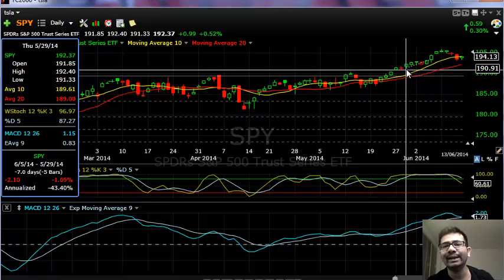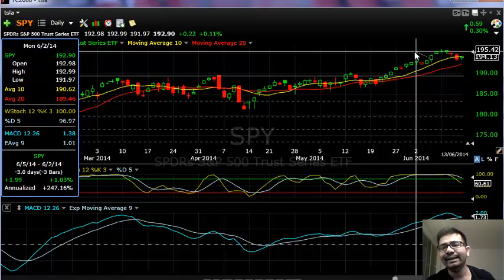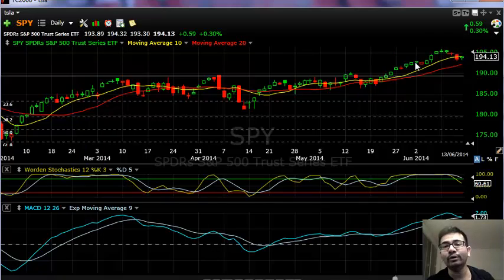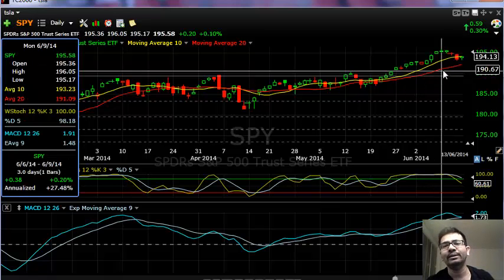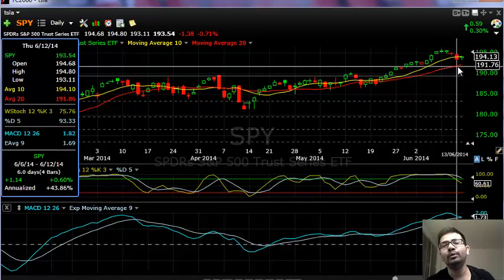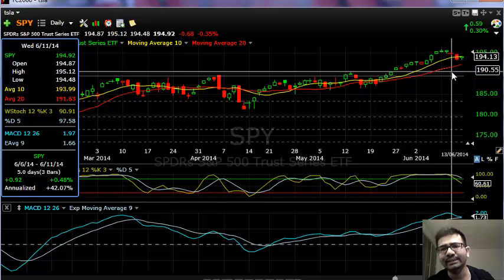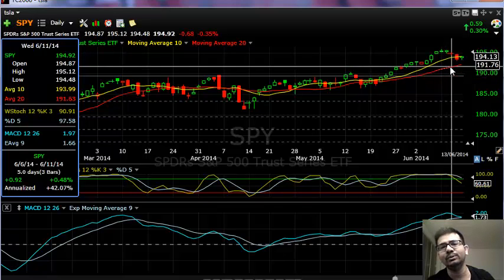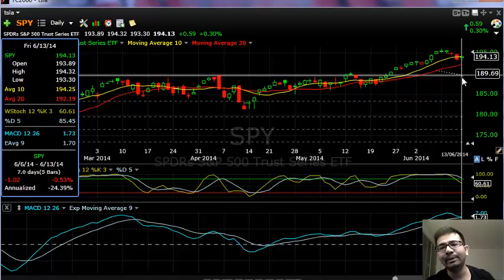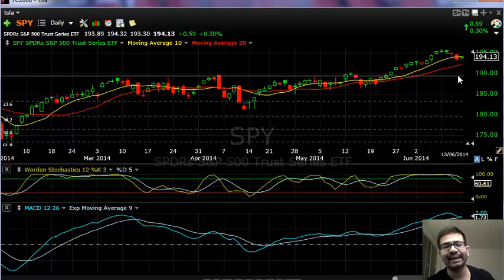It went from 191 to 195.50 area. I should have added volume here. I believe it went on low volume. And then it did pull back a bit. As long as we hold the 192 area, 191 support and 192, we are okay. If we get below 190, the market can get a bit bearish.